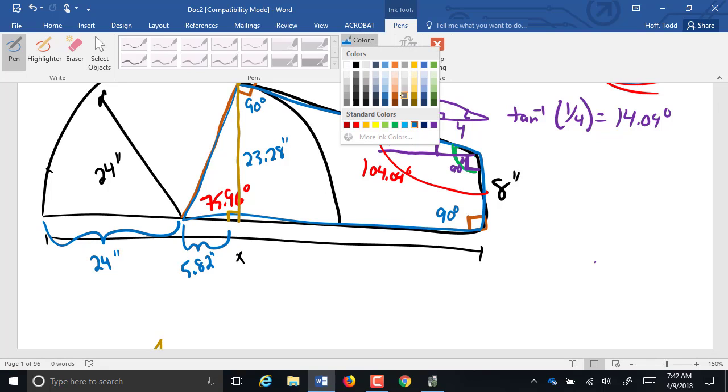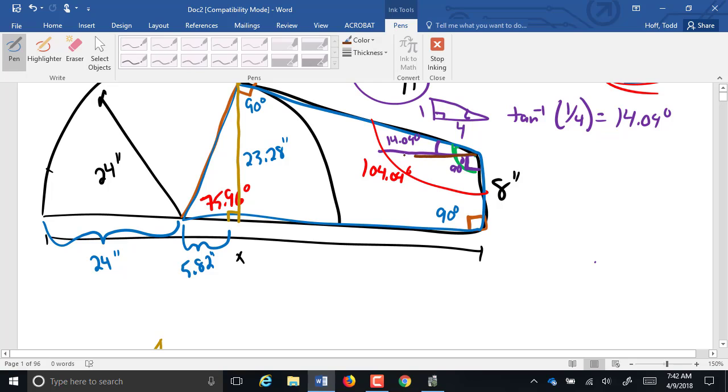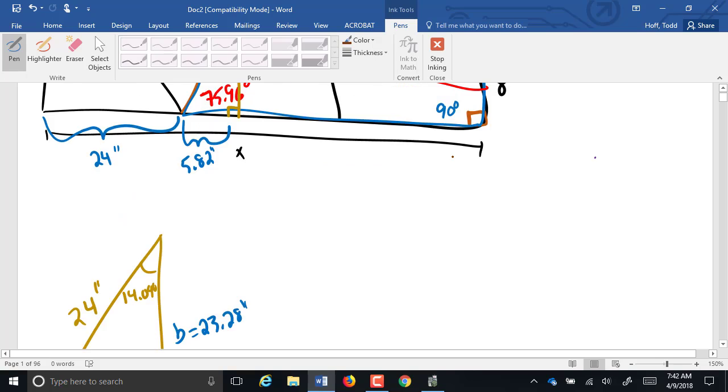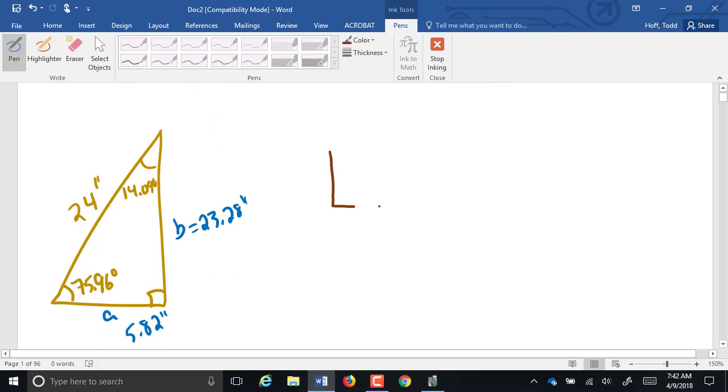Now, the next one we're going to draw in is this triangle. We know that is 14.04 degrees. Therefore, this has to be 75.96 degrees.